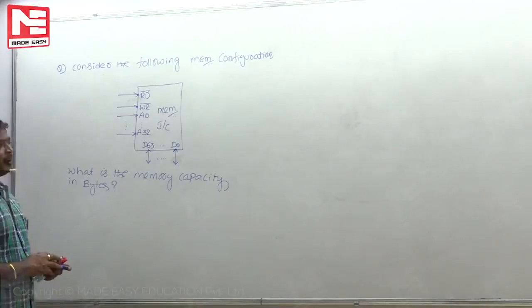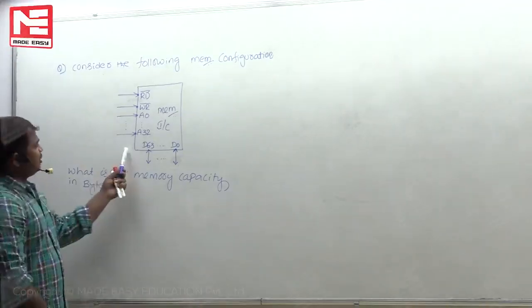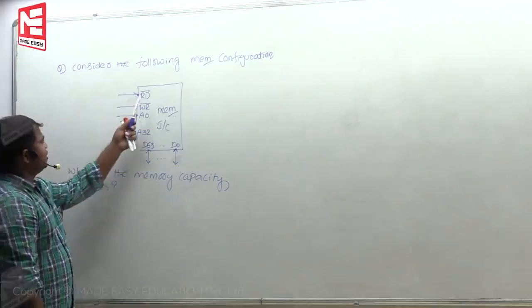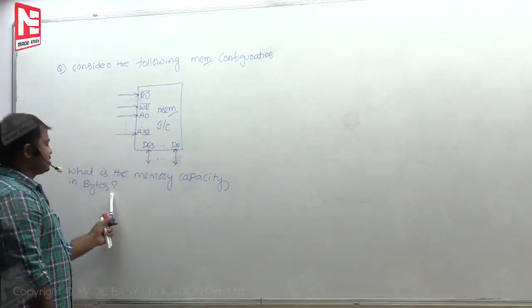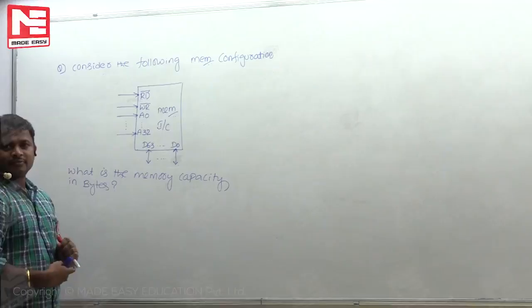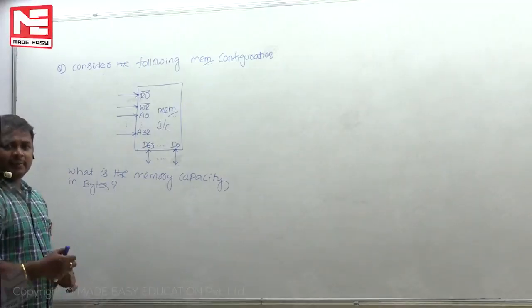Consider the following memory configuration. The memory configuration given contains control pins, address pins, data pins. What is the memory capacity in bytes? In bytes, what is the memory capacity?